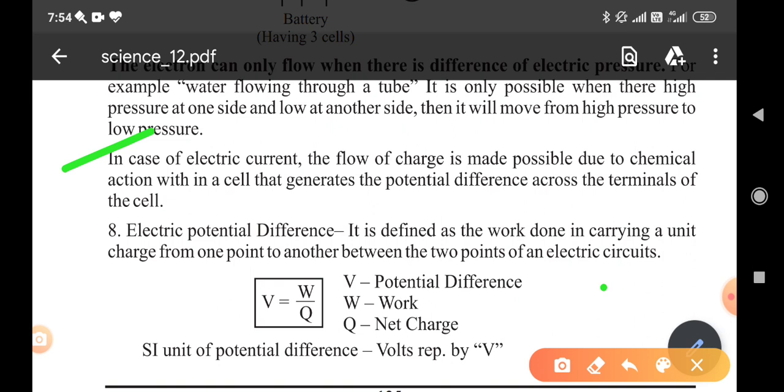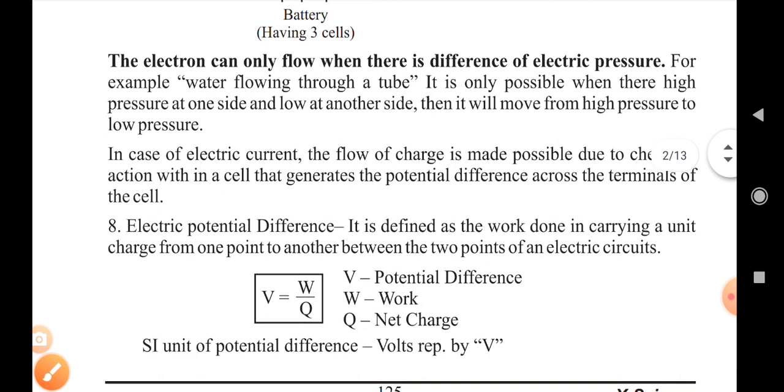Let us come to know about the electric potential difference. Potential difference is defined as the work done in carrying a unit charge from one point to another point between the 2 points in an electric circuit.